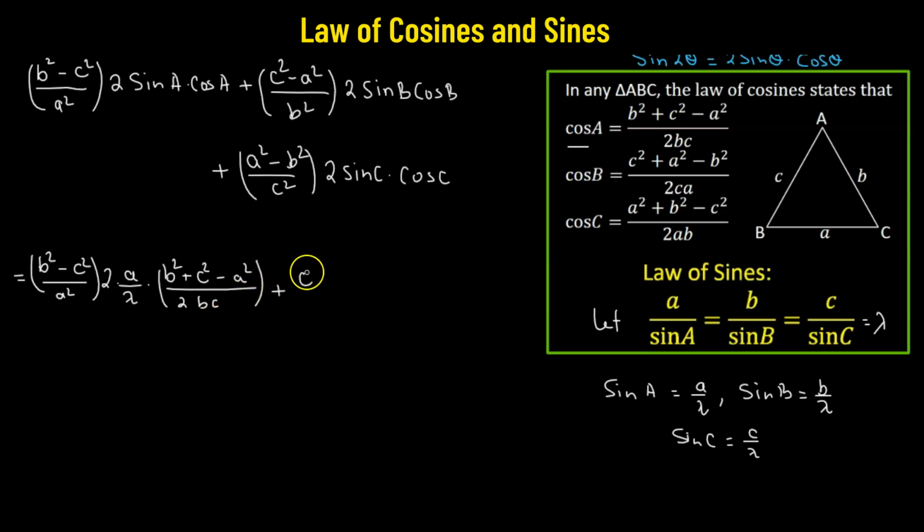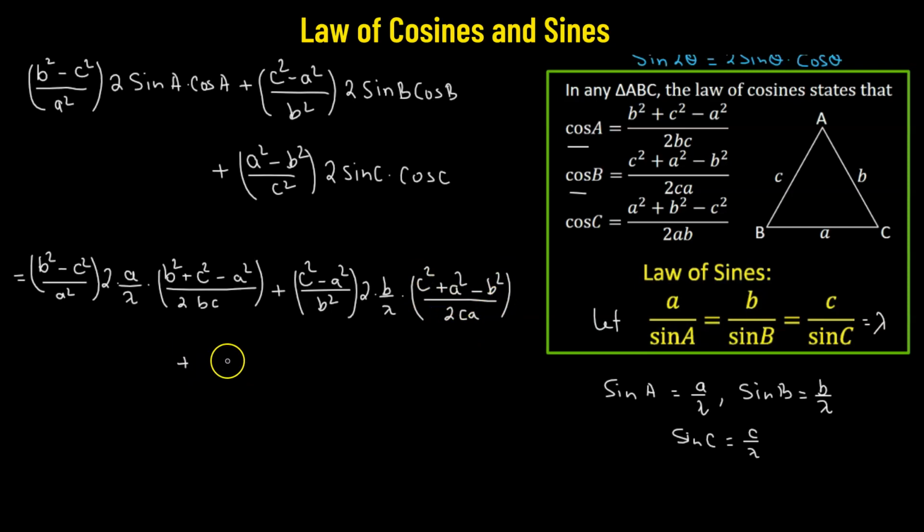Here we have (c squared minus a squared) divided by b squared, multiplied by 2 times sine B. So what's the value of sine B? That's b over lambda multiplied by cosine B. For cosine B, we're going to use the value (c squared plus a squared minus b squared) divided by 2ca.